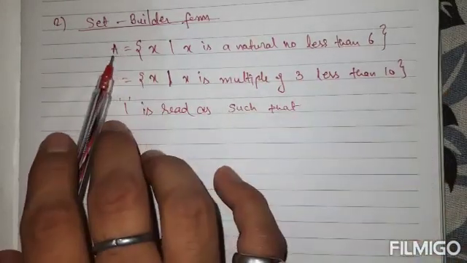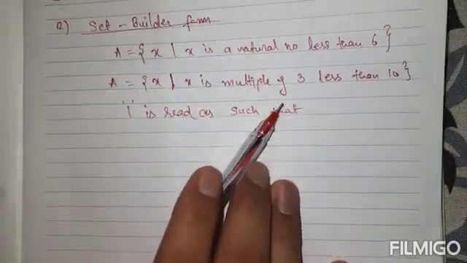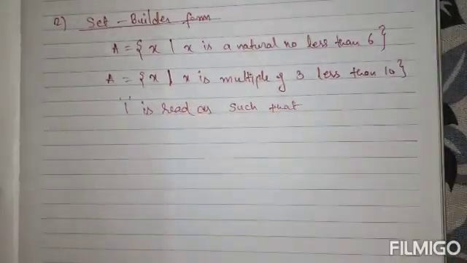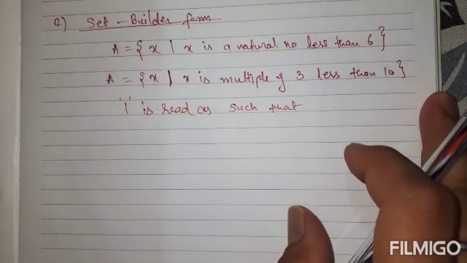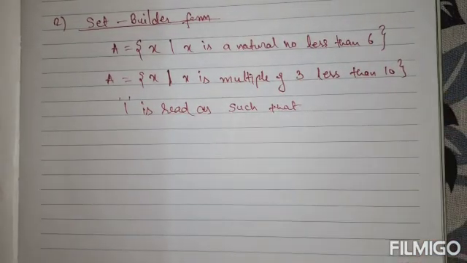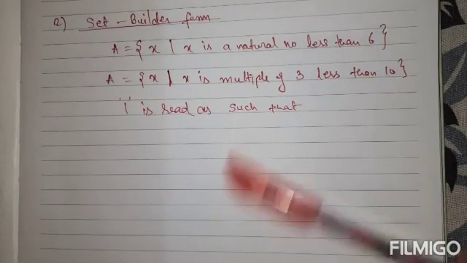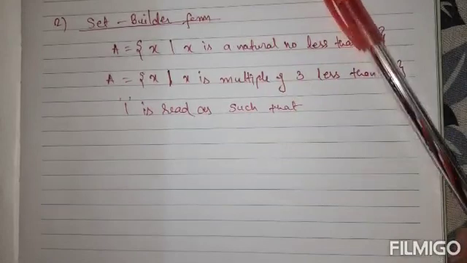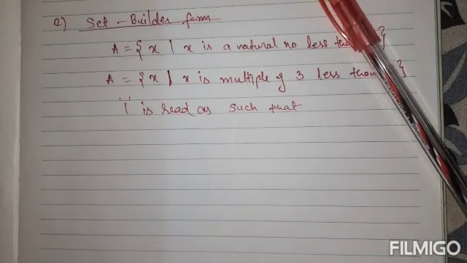And similarly this one is A is the set of all x such that x is a natural number less than 6. We can write different other sets also, like A is the set of first 20 multiples of 2. So first 20 multiples of 2 means write the table of 2 only up to 10 only.